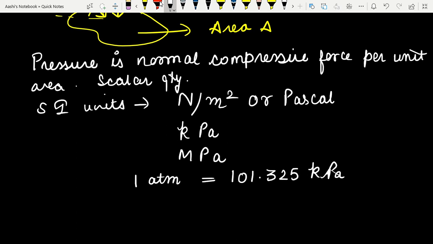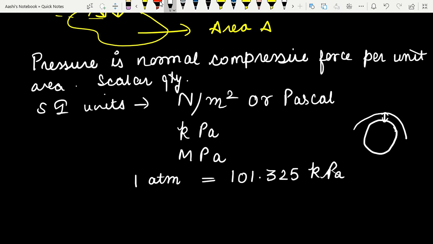Now what is this 1 atm? Suppose this is the earth and around this is our atmosphere. Whatever pressure is exerted by the atmosphere on us, that is nothing but atmospheric pressure. We all are under atmospheric pressure, and as we go up in height, this pressure decreases.